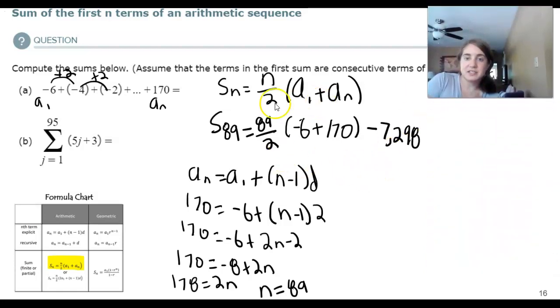I'm going to use that same equation, so this is all my work for part A. For part B, I'm going to use the same equation.